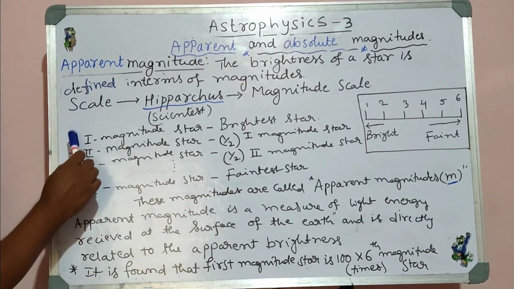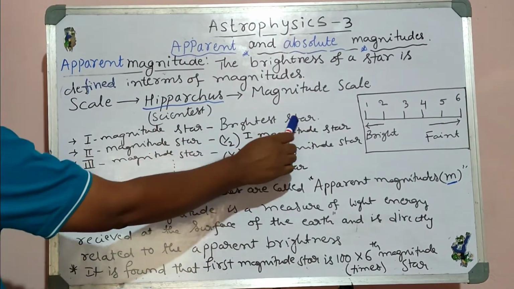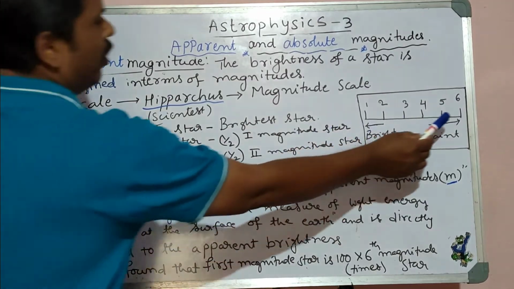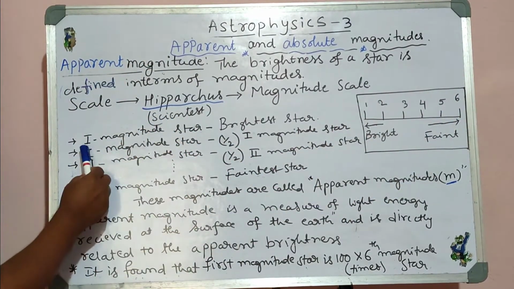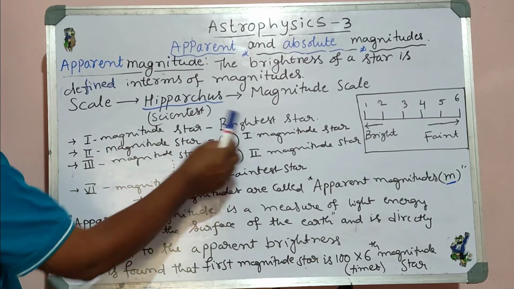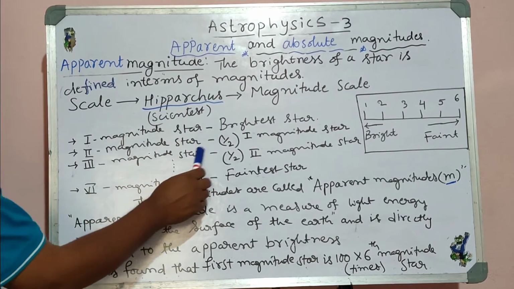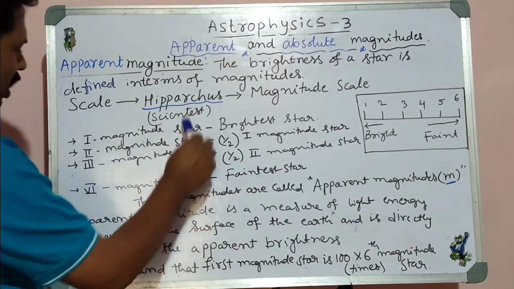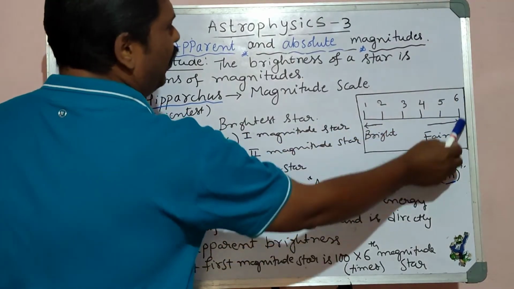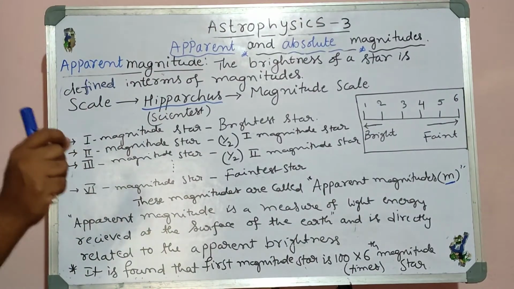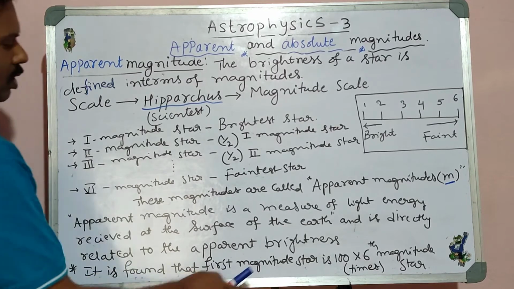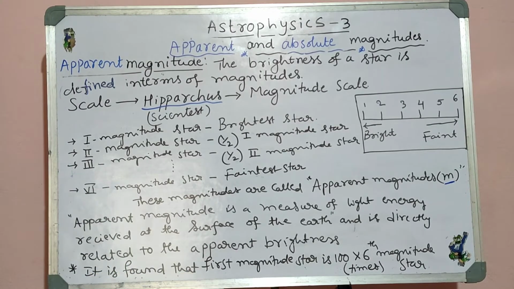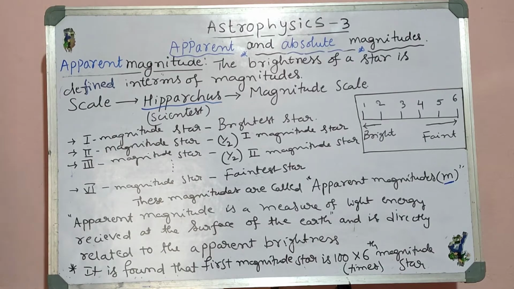According to this scale, the first magnitude star is the brightest star, and the last, sixth magnitude star, is the faintest star. The second magnitude star is half of the first, and the third magnitude star is half of the second. Like that, the sixth one is the faintest, dullest, least bright star. It is also found that the first magnitude star is 100 times the sixth magnitude star.